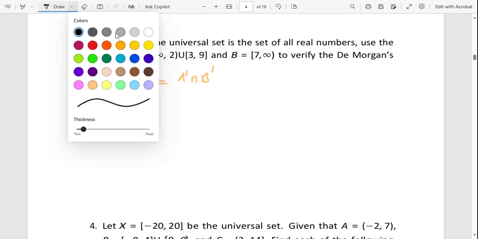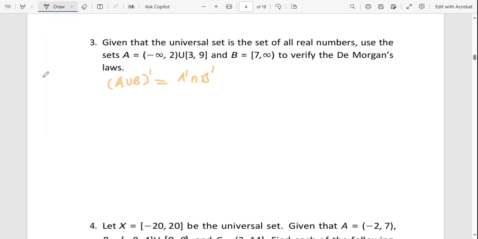So what is the first thing that we are doing? We go on our set. We are going to find A union B. The set A is from negative infinity up to negative 2.